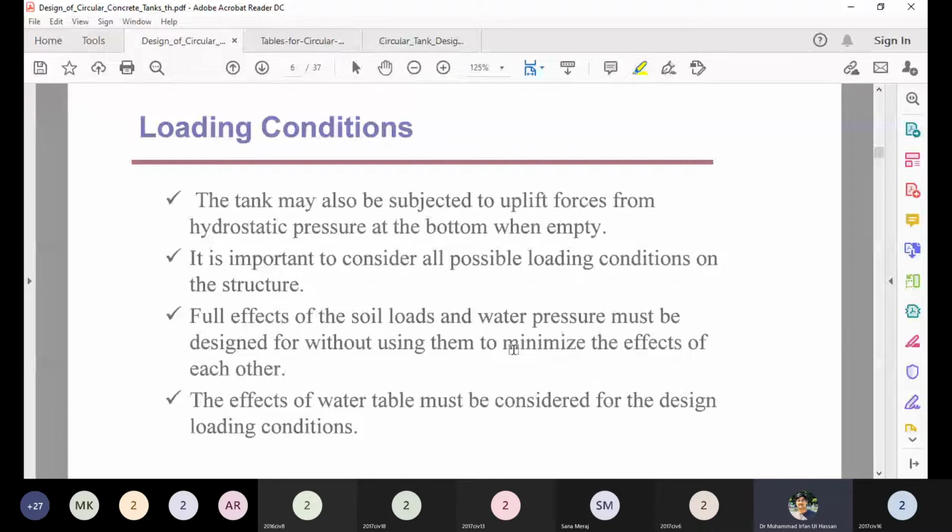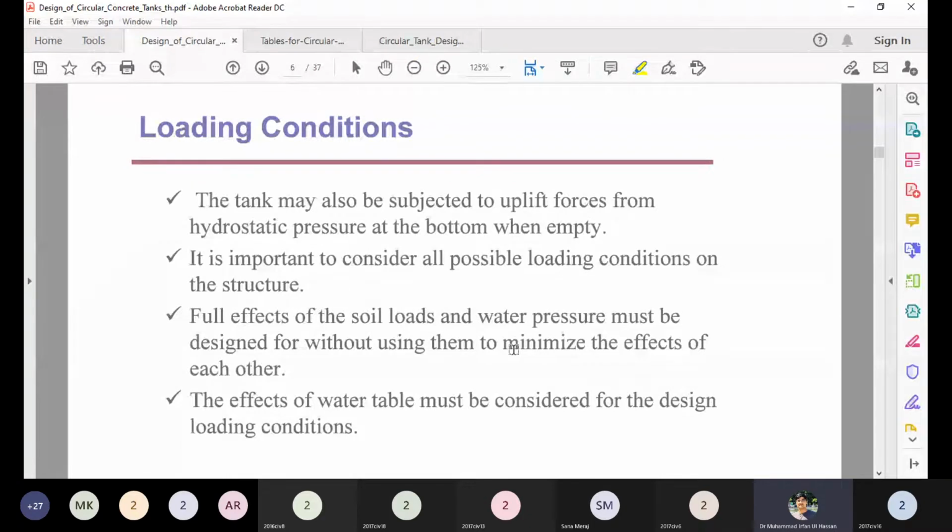And what happens is that the tank can be dislocated, and the joint of the pipes which are inserted in the tank can be disturbed and the leakage may start.